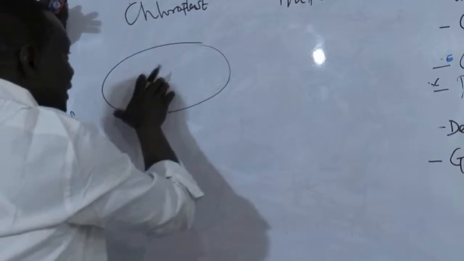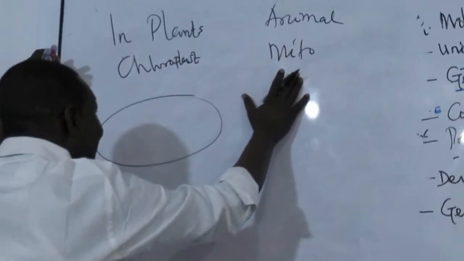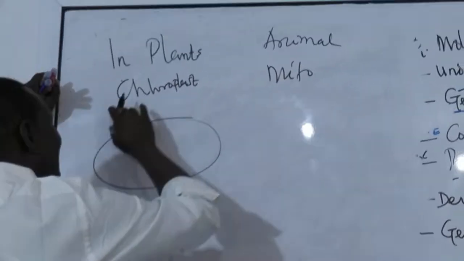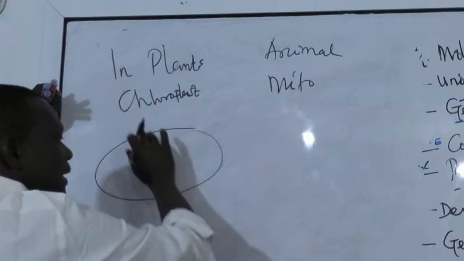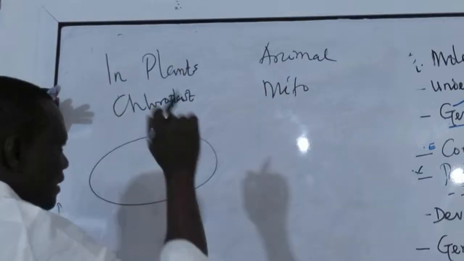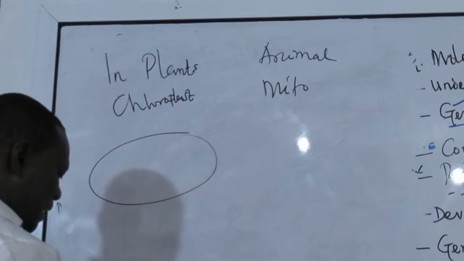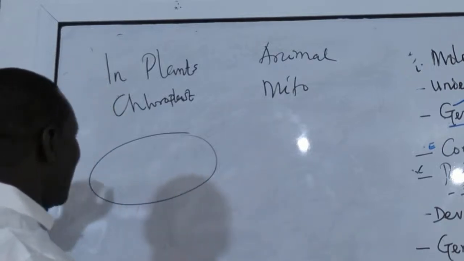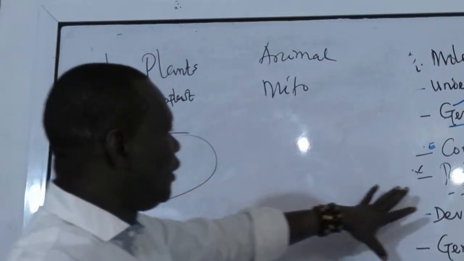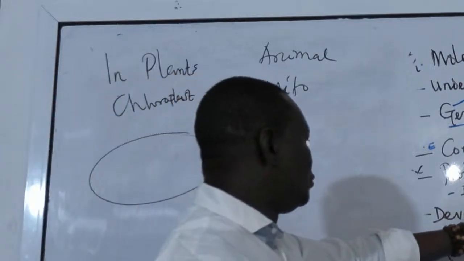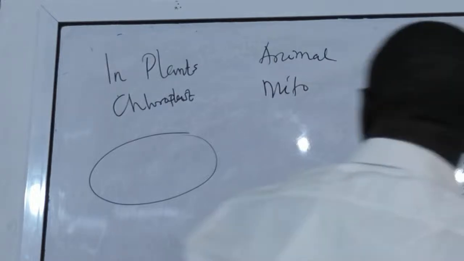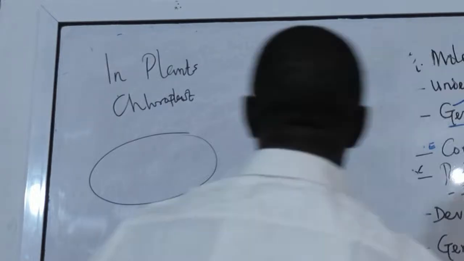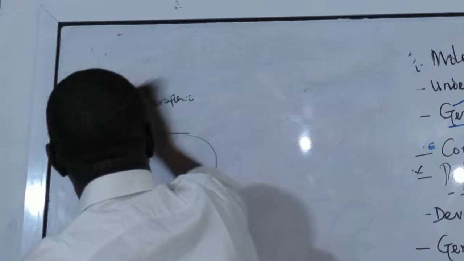If you look at the shape of mitochondria in animals and the same shape in chloroplast, you will discover that they are very similar, and that is telling you that they must have come from a common ancestor. The same way, you can use phylogenetic tree to do this.